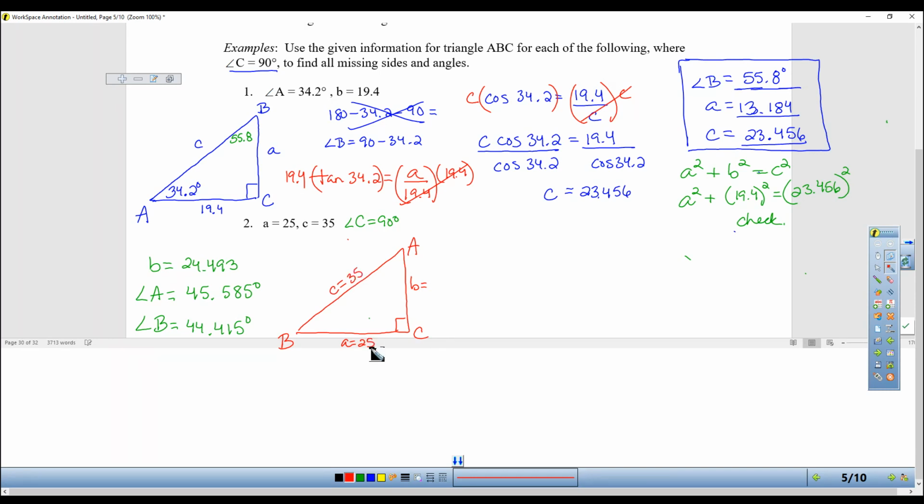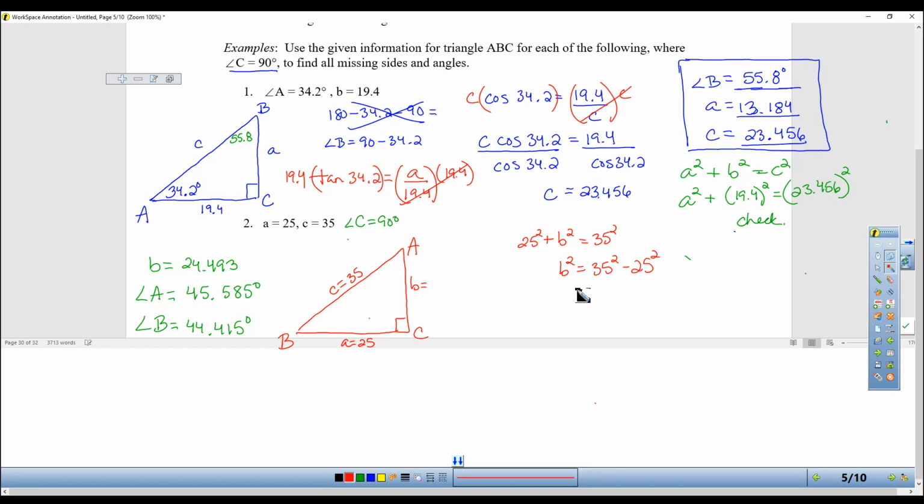So I am going to use Pythagorean theorem this time because I want to get this third side. So A squared plus B squared is equal to C squared. So B squared is equal to 35 squared minus 25 squared. And you can literally type it right into your calculator just like that.